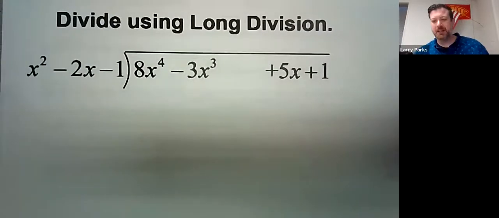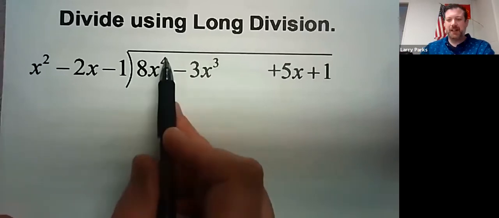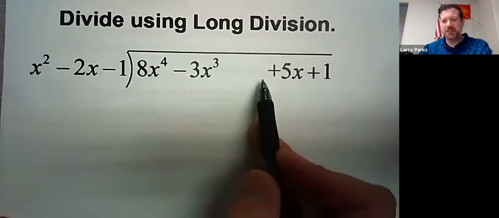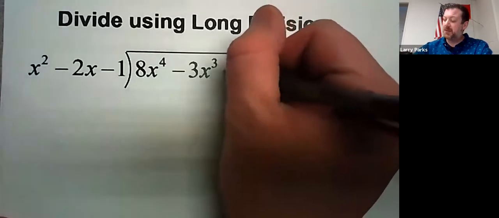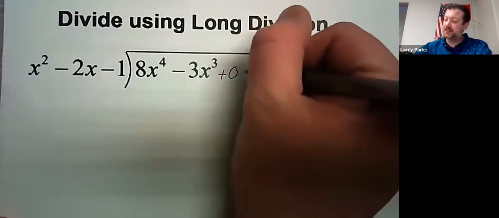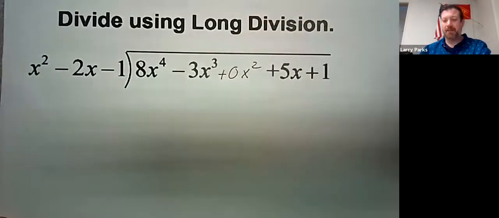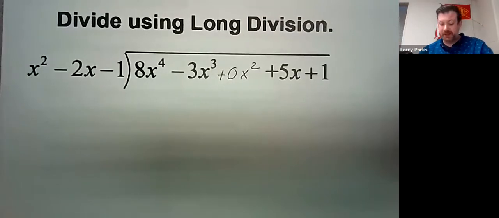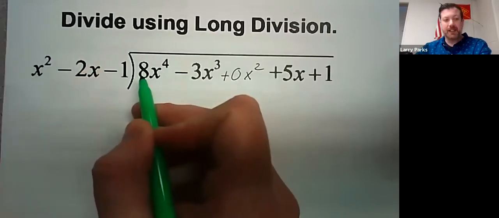All right. One more example of long division. So notice it's to the 4th power. We should have 5 terms. We only have 4, so we must put in a 0x squared. From there, I say x squared times what is 8x to the 4th?